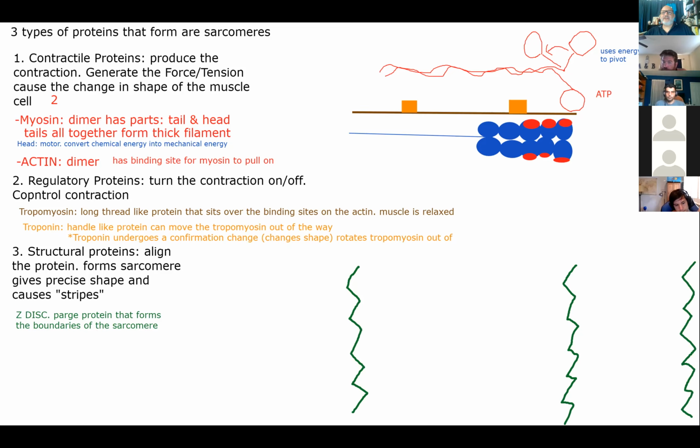The Z disc is also an anchor point for the actin. So our actin filaments are going to be connected to the Z disc. And I'll just put a couple on here.